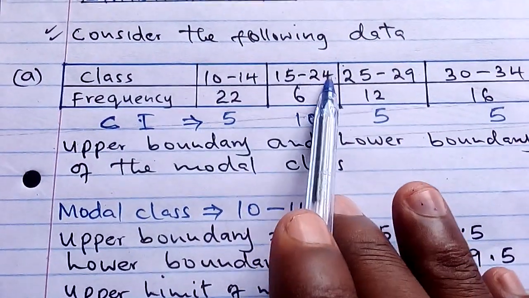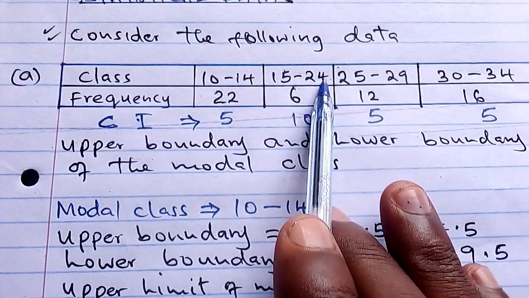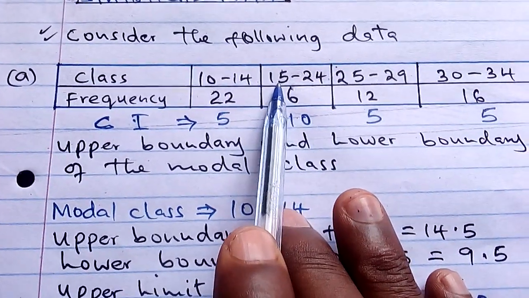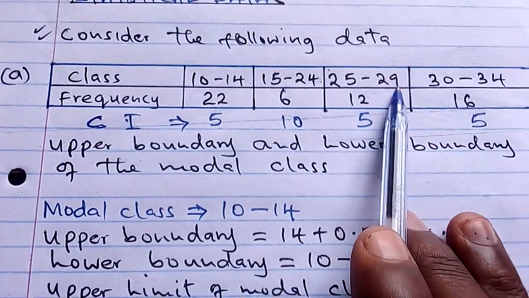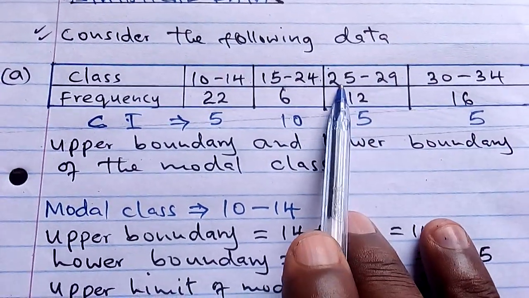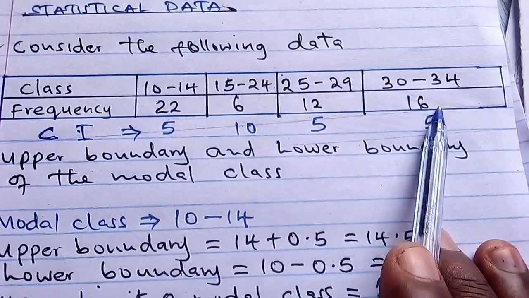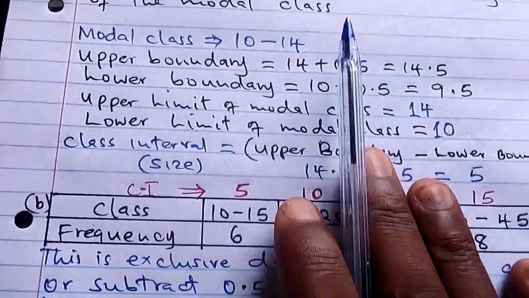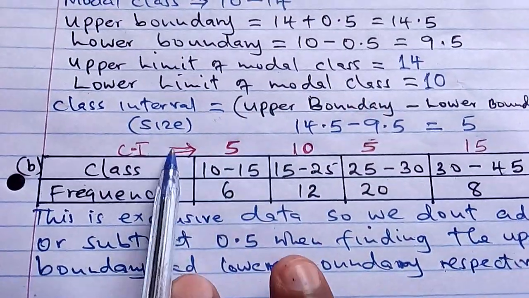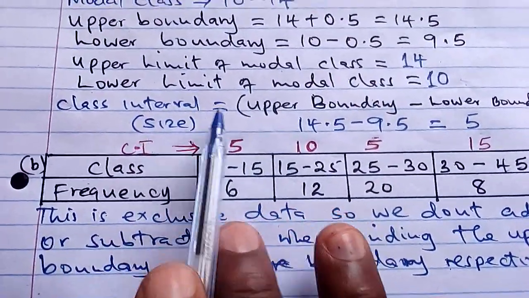Class interval here is the upper boundary, which is 24.5 minus 14.5, the lower boundary, giving you 10. Here 29.5 minus 24.5 giving you 5. Here we have 34.5 minus 29.5 giving you 5. So class interval is also the same as the class size.